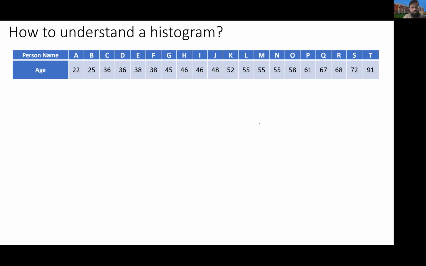If we want to categorize the data in various bins, how many people are present in each bin? For example, I can look at 10-year bins and see how many people are in each bin. So in the 20s I have 2 people, in the 30s I have 4 people, and likewise.